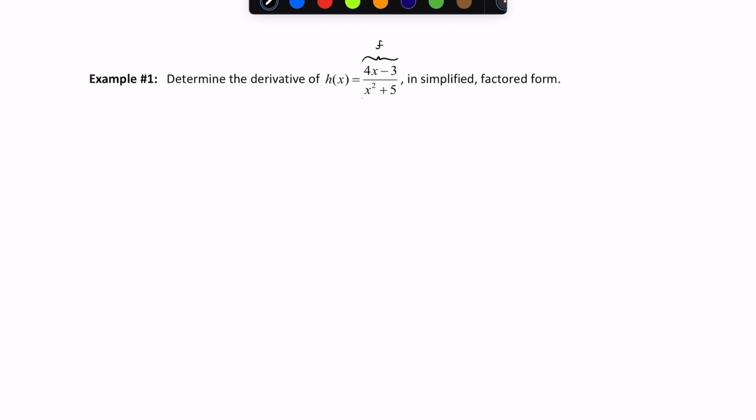So 4x minus 3 we'll put as f of x, and x squared plus 5 we'll do as g of x. Then h prime is equal to f prime times g minus f times g prime, over g squared.